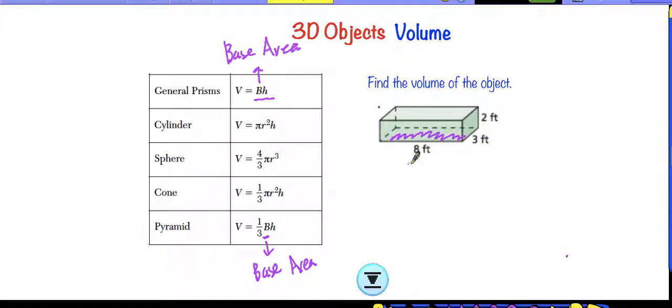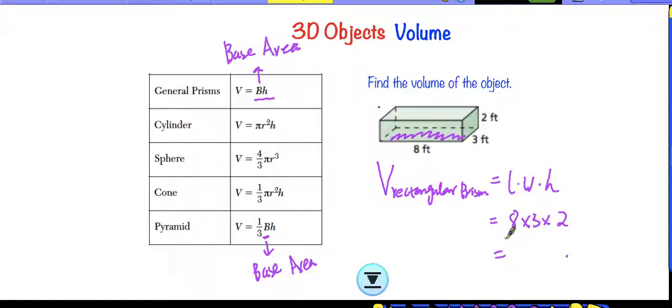So an easy way to remember the volume of a rectangular prism is length times width times height. For this case, it's very simple. It's 8 times 3 times 2. So the answer is 48.